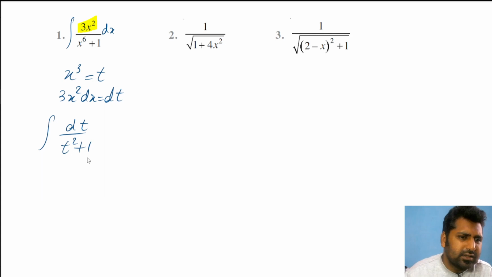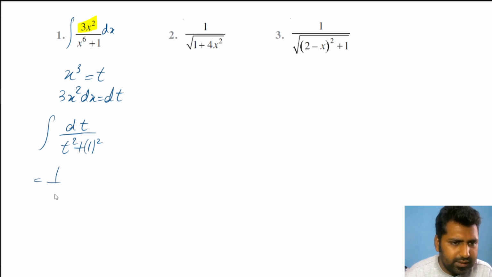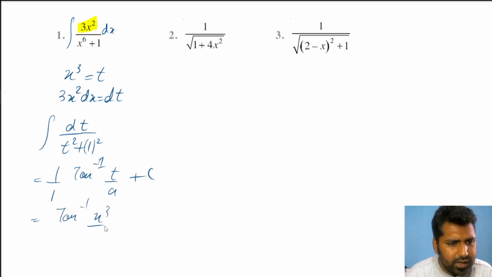If x cube is t, x raised to power 6 is t square. And now this is standard: 1 upon t square plus 1 square, where 1 can be rewritten as 1 square. So this is 1 by a, meaning 1 by 1, tan inverse x by a, where x by a means t by a, plus c. So this is tan inverse of t, that is x cube, by a, and a was 1.